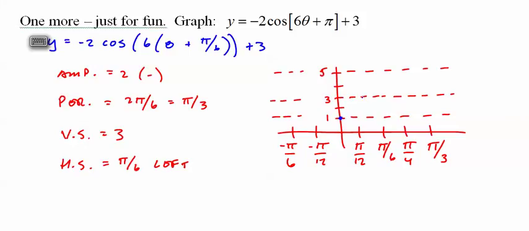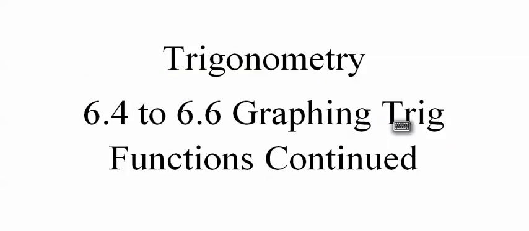Negative cosine, start at the bottom. Shift it 2 over. Yeah, I forgot to dot it. That's it. Wow. That's a lot of math. Happy mathing.